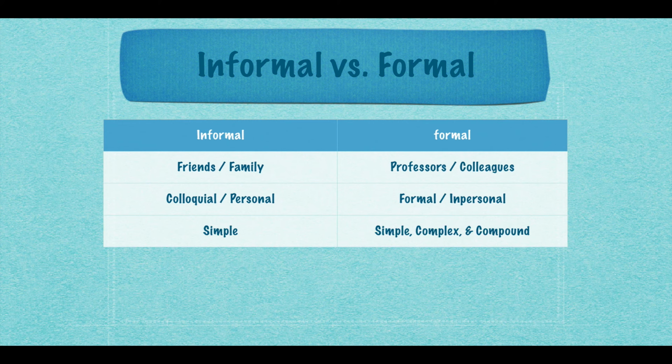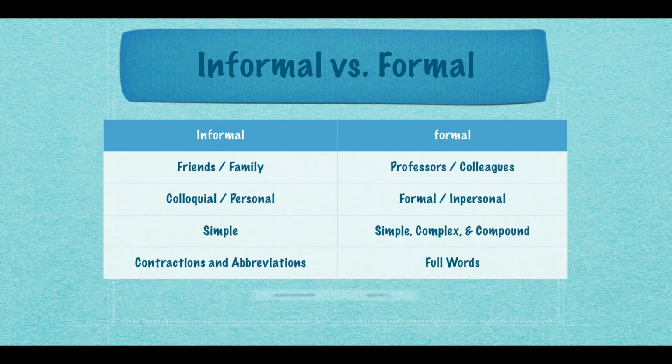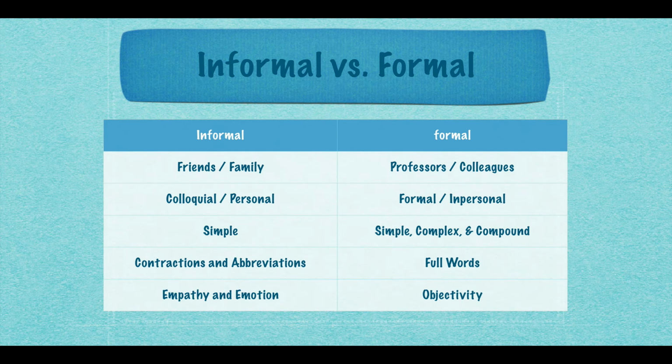Now take a little bit of time, recap, hone your skills, learn how to apply these principles, and in part 2 of this video, we're going to look at the last two elements of informal writing, which are using full words and objectivity. And then we're also going to cover some tips about writing with clarity.